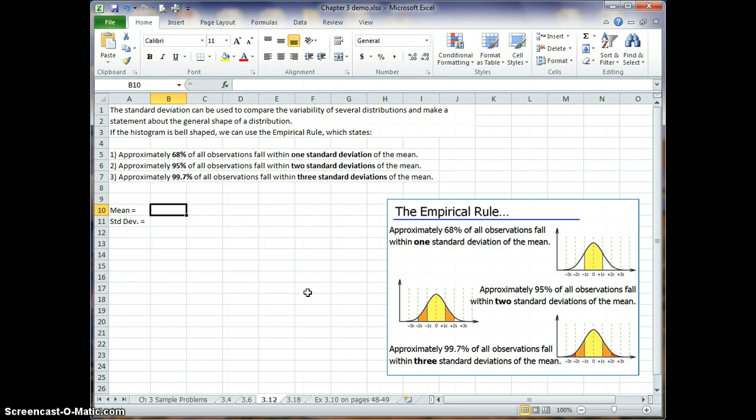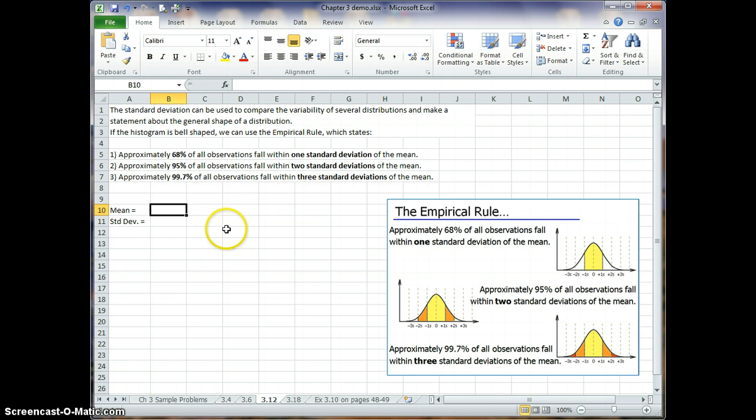Approximately 95% of all observations fall within 2 standard deviations of the mean, and approximately 99.7% of all observations fall within 3 standard deviations of the mean. You can see the standard bell curve here, marked off at -1 and +1, -2 and +2, and then -3 and +3.